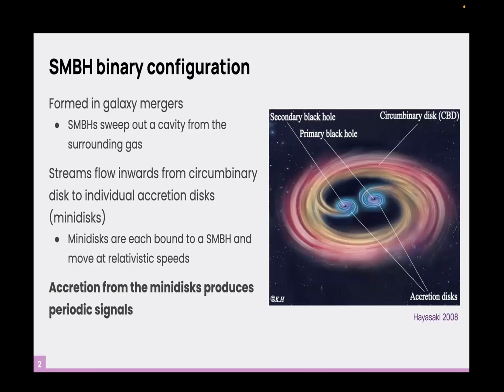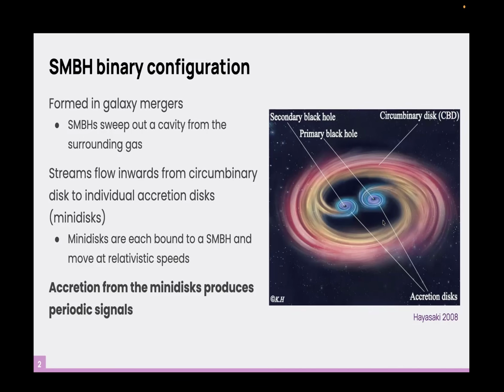So binary systems, as we've heard before, are formed during galaxy mergers where the 2 black holes are brought together and they'll be surrounded by a bunch of gas. And as they get closer and closer and become gravitationally bound, they exert these outward torques on the gas, and that clears out a cavity from the center here, which is what you can see in the dark area there.